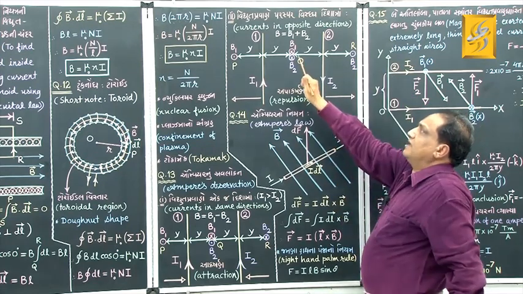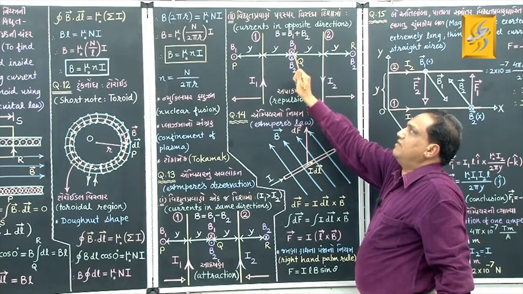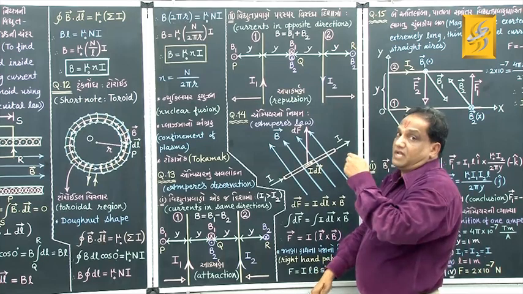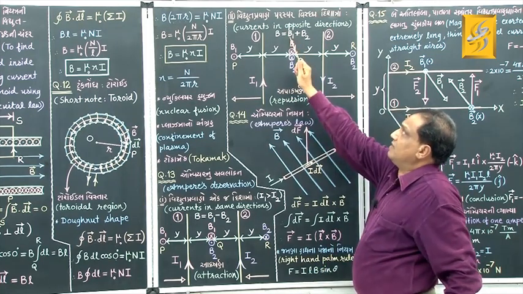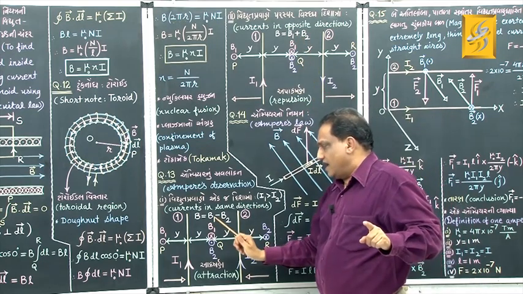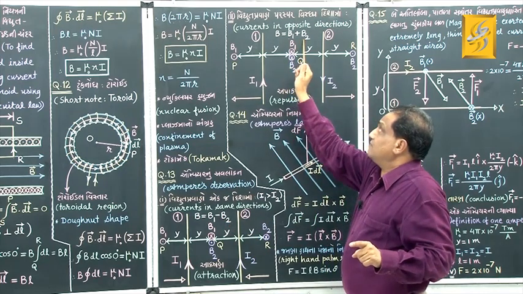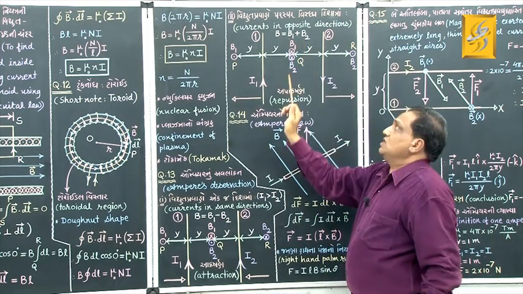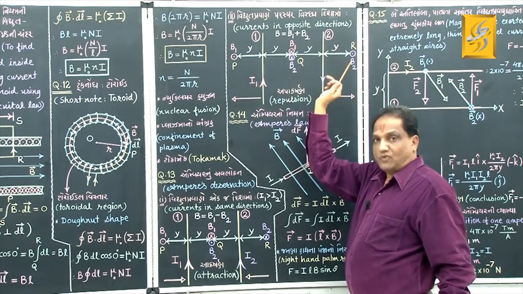Now tell me, at this very point you can see both the magnetic fields have the same direction, then addition. So here I am writing B1 plus B2, correct? Earlier it was B1 minus B2 because of opposite direction. Here it is B1 plus B2 because of same direction. So here you will get a stronger magnetic field as compared to this and this, okay?